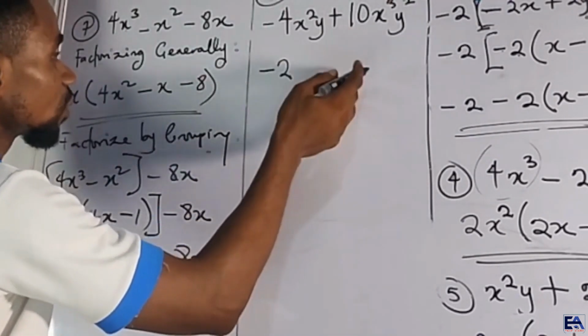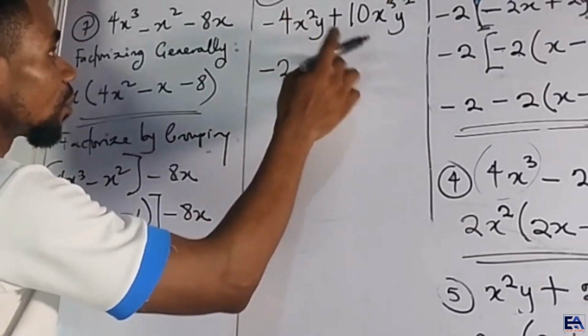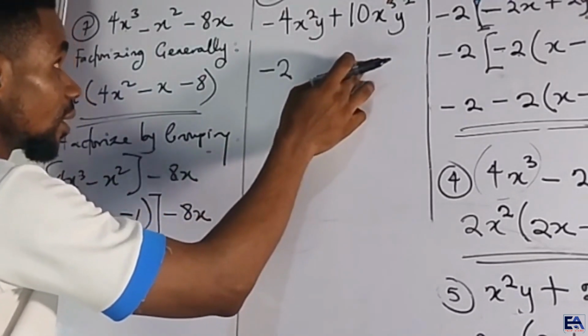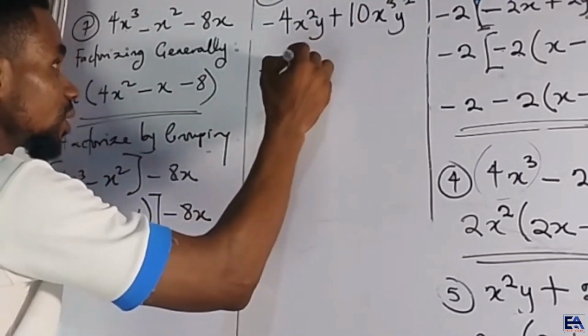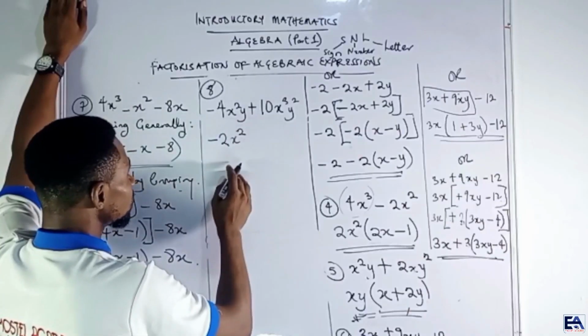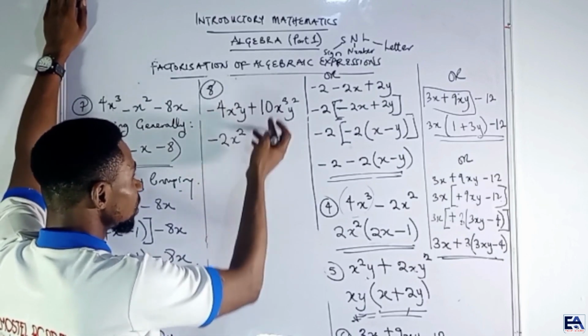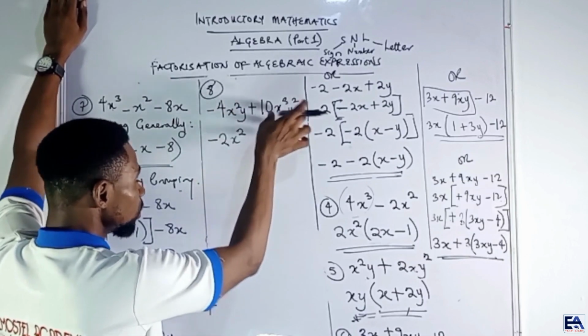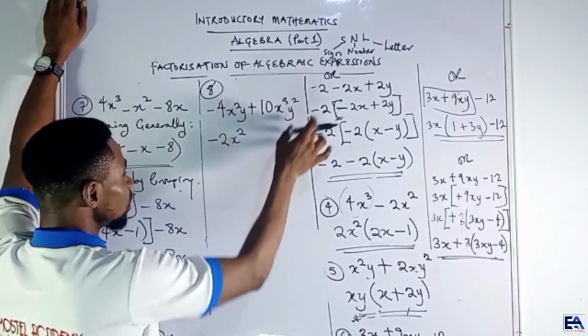Then in terms of letters, what is common? x is common, but something higher than x can also still go in the 2 terms, which is x squared. Something beyond x squared cannot work, because by that time it's already more than this term can contain. So x squared is the highest that can go in both terms.